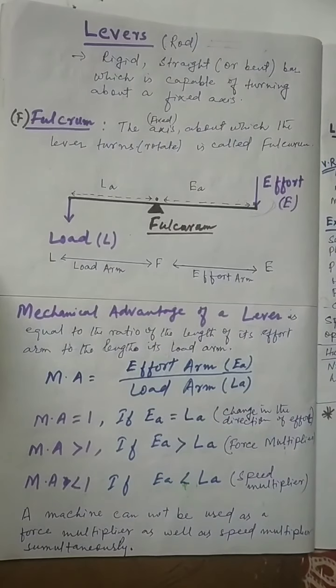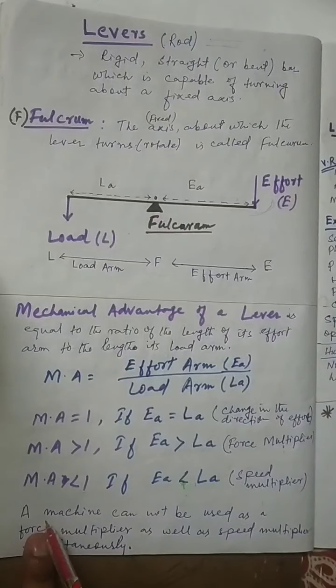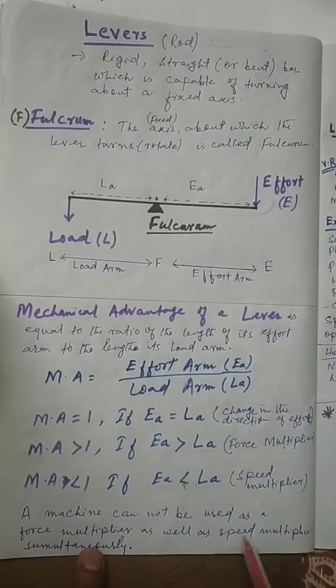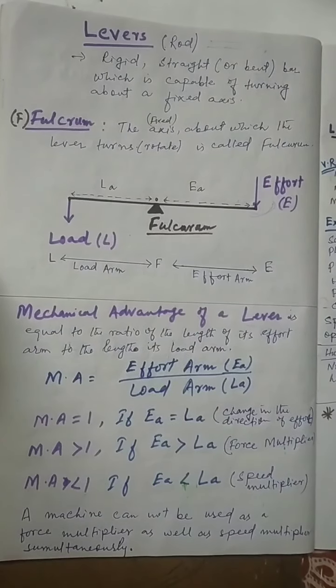Here a machine cannot be used as a force multiplier as well as a speed multiplier simultaneously.